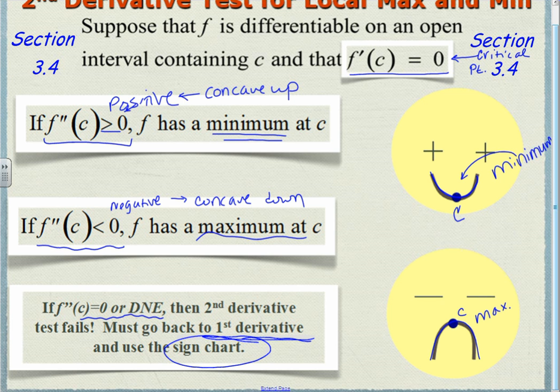There's no getting around it for that situation. But if it's clearly a positive or clearly a negative second derivative, I know the concavity, and that helps me with the placement of c, knowing whether it's at the bottom or at the peak. But if it's equal to 0, then you have to go back to the sign chart.